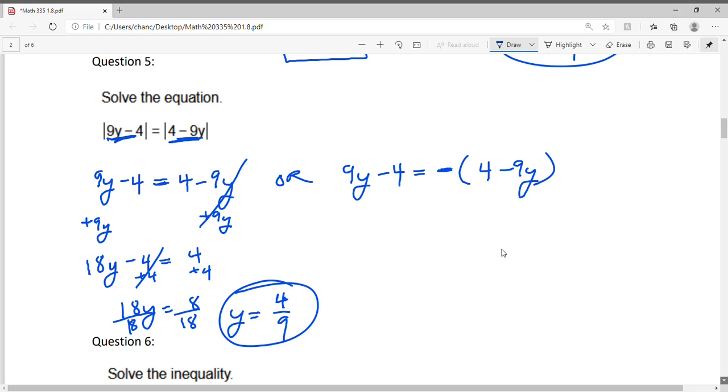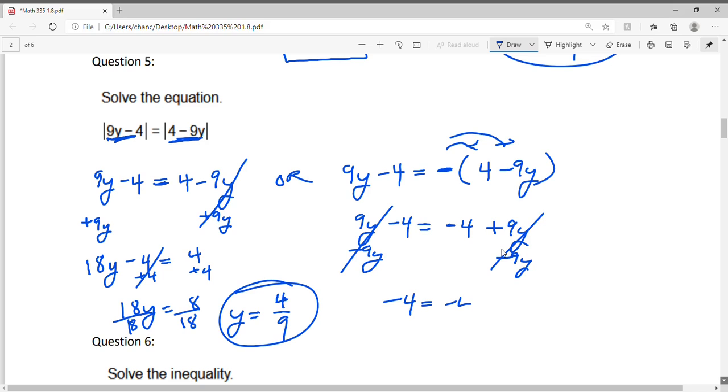Let's look at the other side. We'll distribute the negative throughout. 9y minus 4 equals negative 4 plus 9y. And if I subtract 9y from both sides, these cancel out and negative 4 equals negative 4.